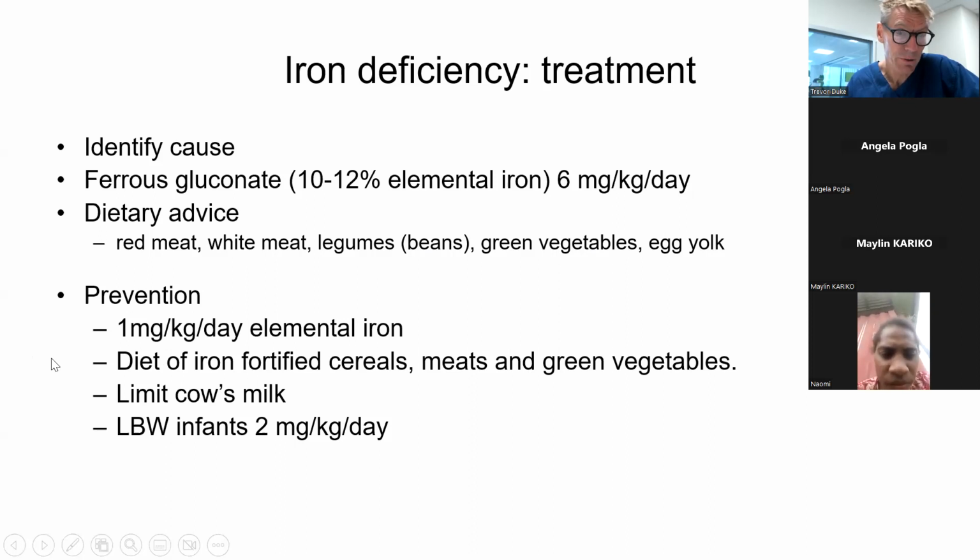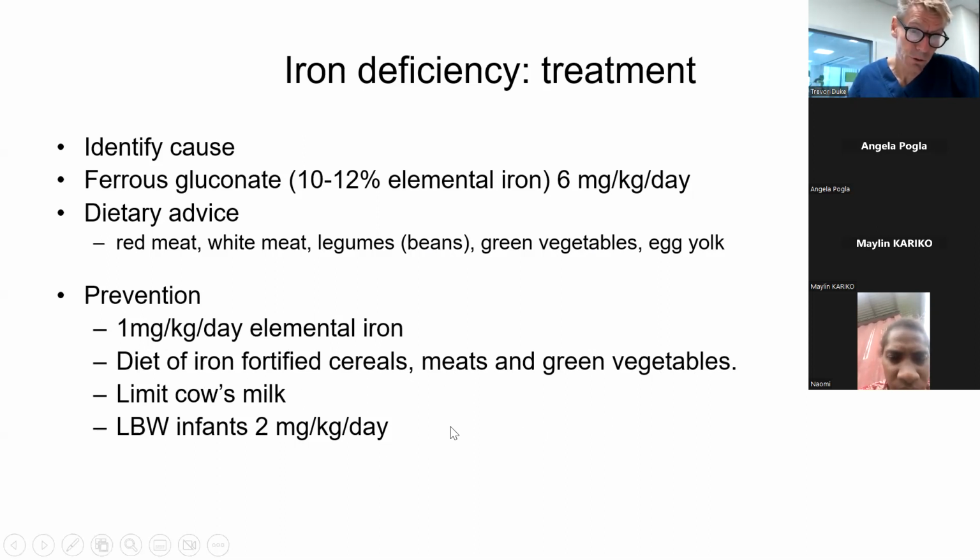You can prevent iron deficiency by giving about 1 milligram per kilogram per day of elemental iron, and that's really a diet that's fortified in cereals or meats or green vegetables, but not just fruits and milk. Fruits and milk will lead to iron deficiency, and I think that's one of the reasons why we see it so commonly.